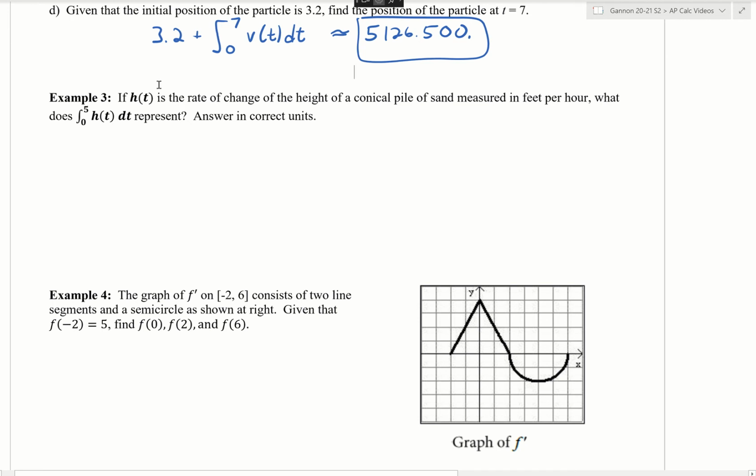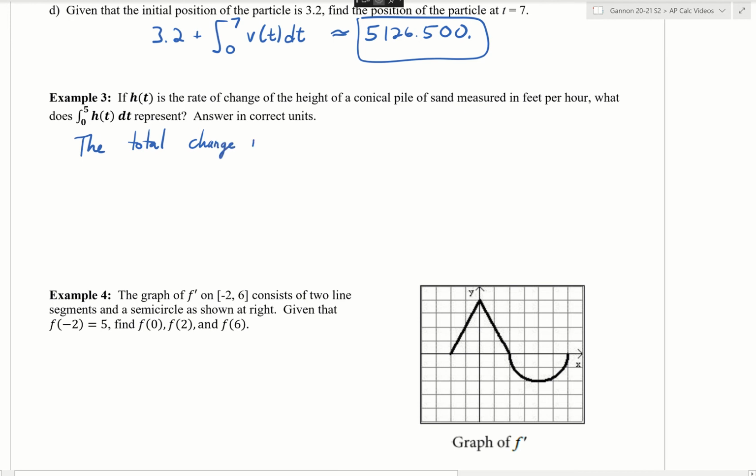All right, since h of t is a rate of change, the rate of change of the height measured in feet per hour, if we integrate h of t from 0 to 5, that's going to represent the amount, or basically the total change.